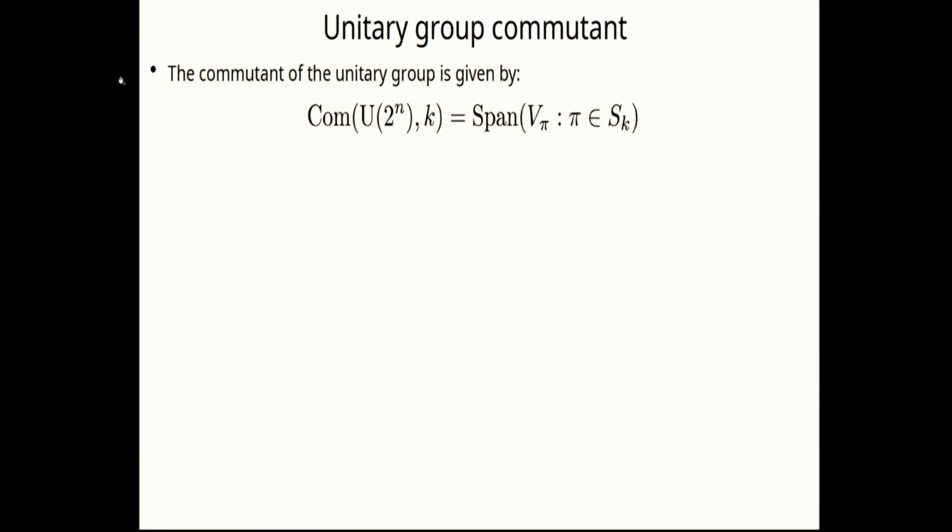Now I will quickly talk about the unitary group commutant, as I guess most people are familiar with it. So again, we are interested in any operator that commutes with every tensor copy unitary. And as it turns out, these operators are only the permutations.